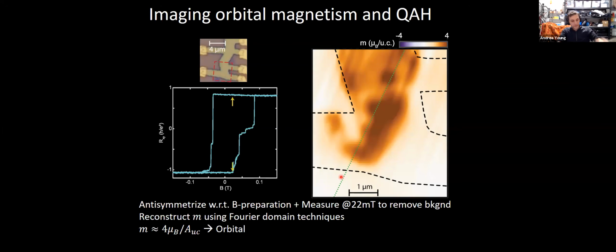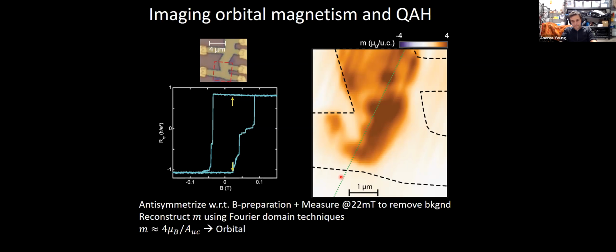Great. So my question is this: you had this little discussion about whether this is arising due to the edge currents, or whether this is arising due to the Bloch wave function, the atomic level structure.